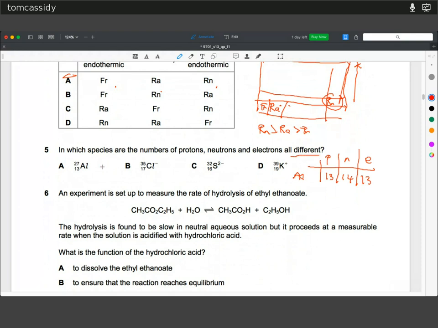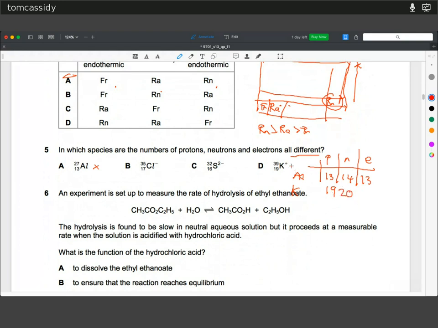And the question is asking us which species has all these numbers different. So it's definitely not that one there. And you can work through all of these, and eventually you get to this potassium ion. Okay, and the atomic number is the number of protons, so there's 19 of those. The difference between the mass number and the atomic number is the number of neutrons, you have 20 of those.